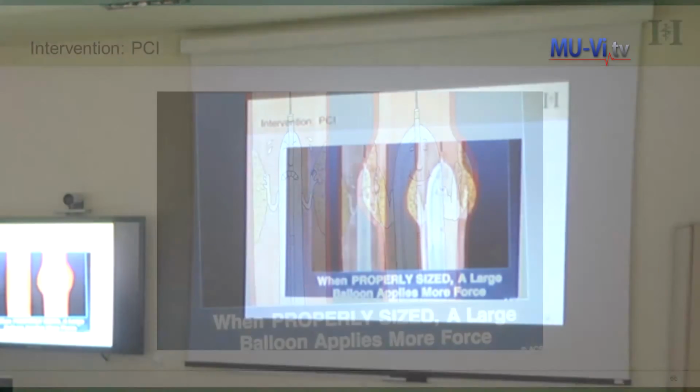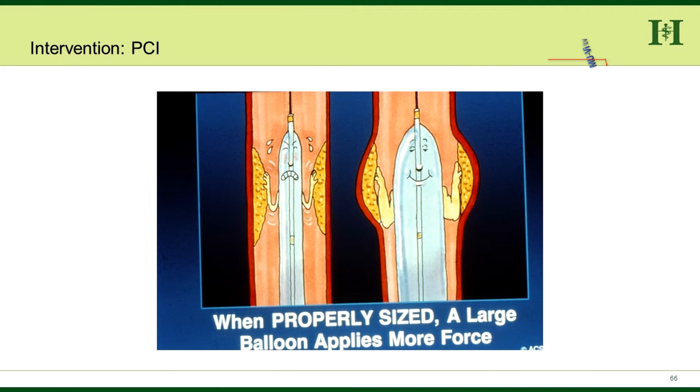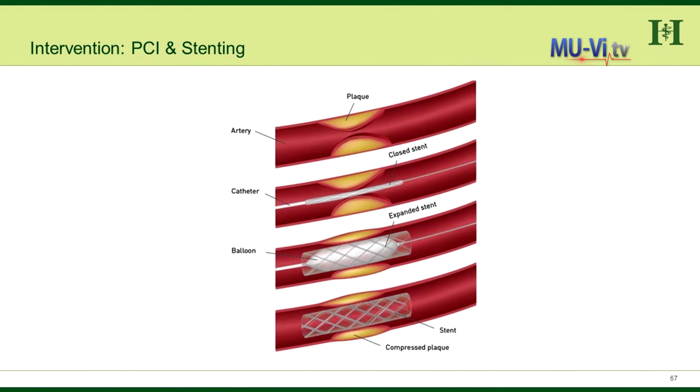And what we do if we find a stenosis is a dilatation. We take a wire, and with the wire we go through the stenosis, and then we implant the balloon in the stenosis, and then we insufflate the balloon.